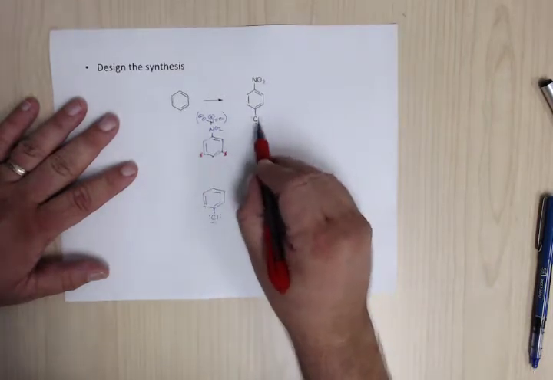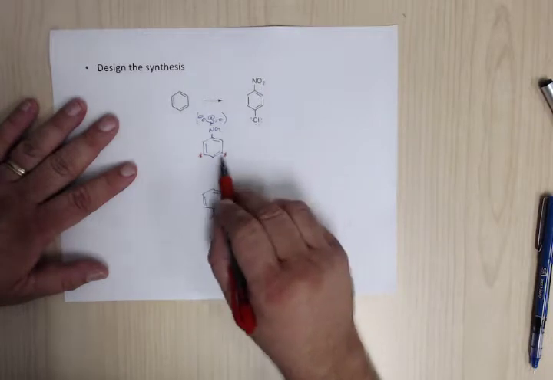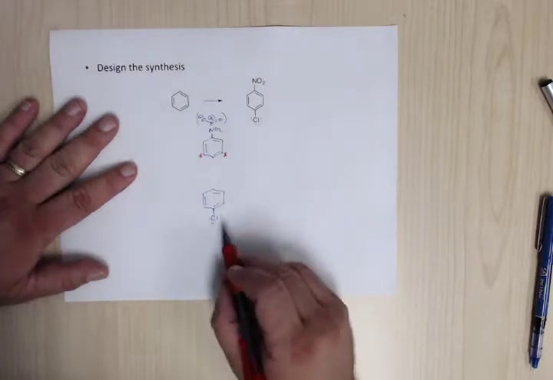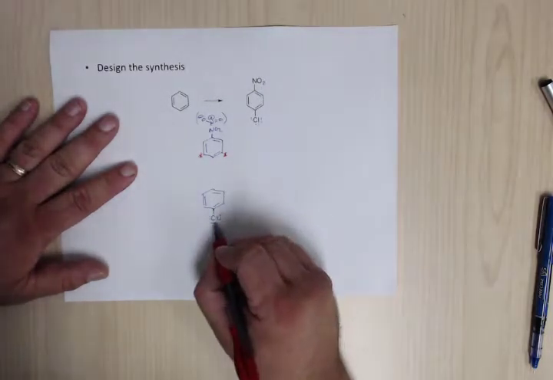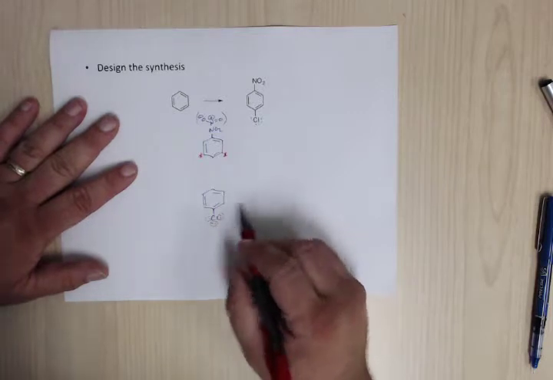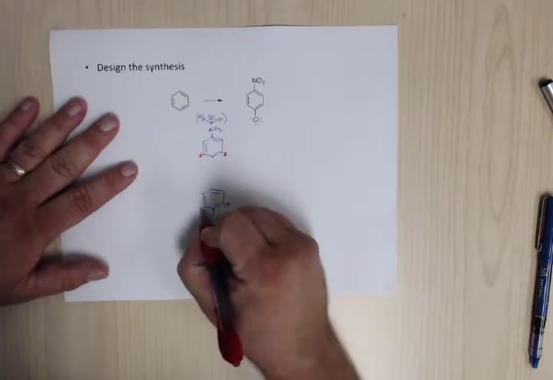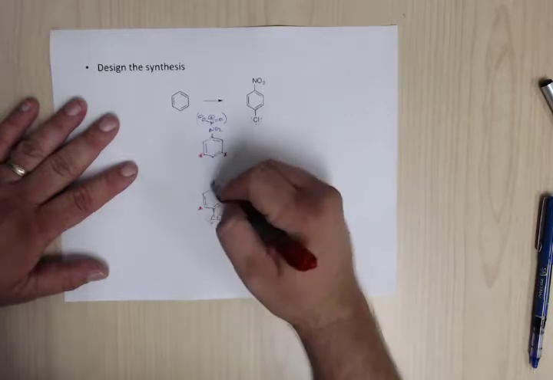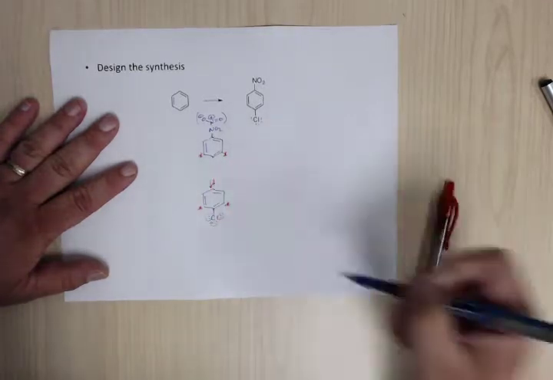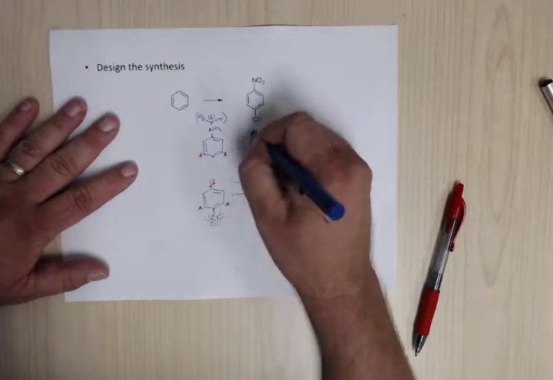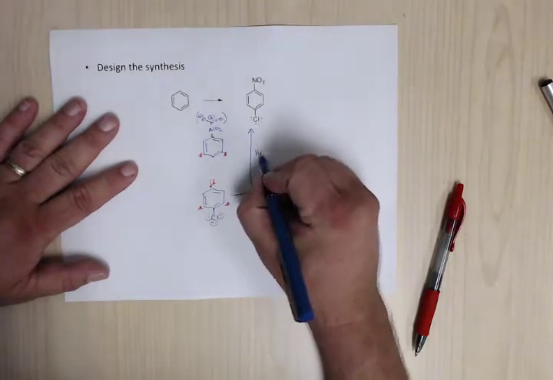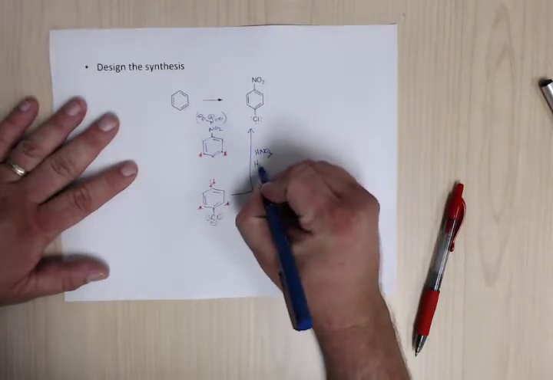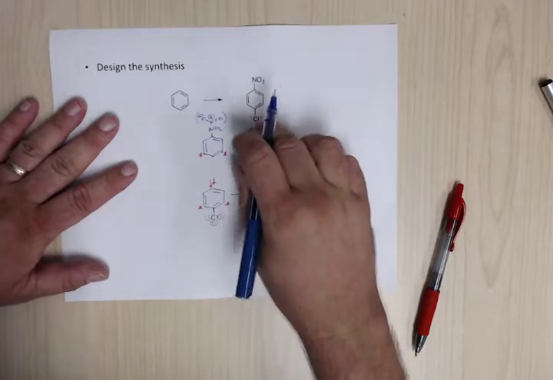So we can't put the chlorine on that way. If we put the chlorine on, here we get the meta. But here, because we have a set of lone pairs next to it, these are ortho para. One away and across. So we can put the nitro group here. So we know that we have to go through this intermediate, and the last step is going to be HNO3, H2SO4. So we know the last step is that.